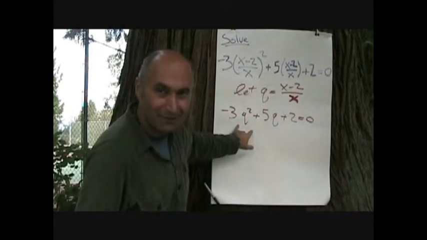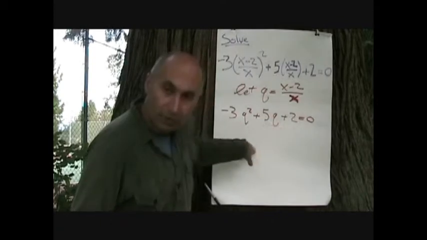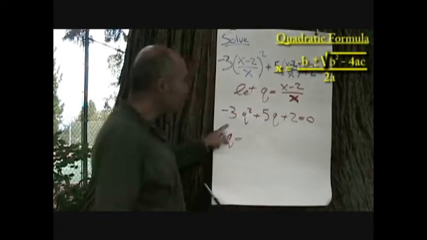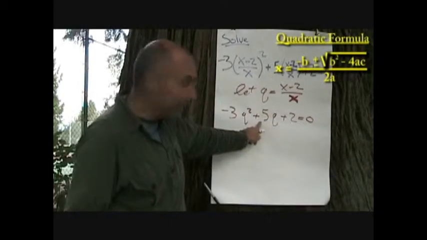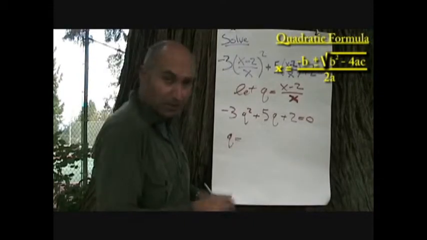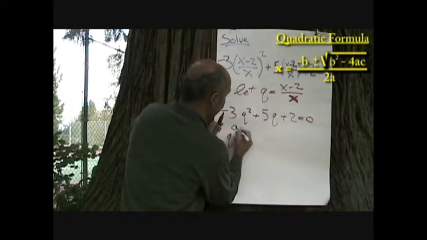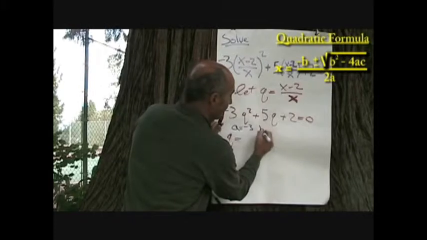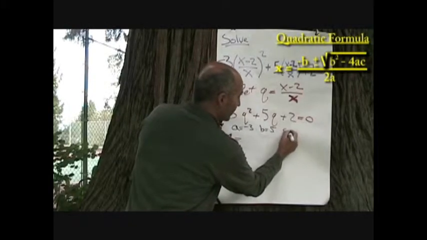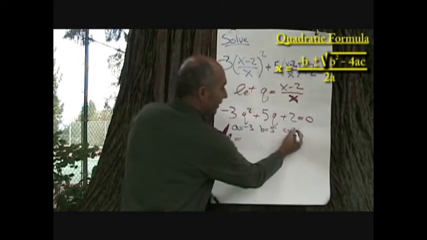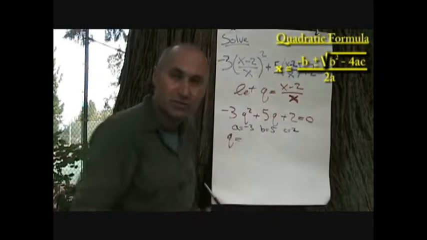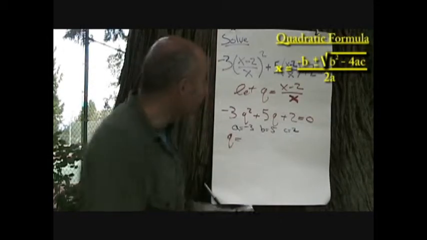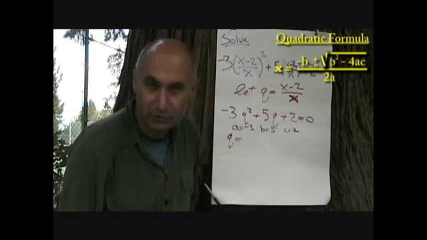So Q is equal to our quadratic formula: negative B, and our B is 5. If you want, you could write out your A, B, and C: your A is negative 3, your B is 5, and your C is 2. It's a good idea to do this to eliminate human error or your mind playing tricks on you.